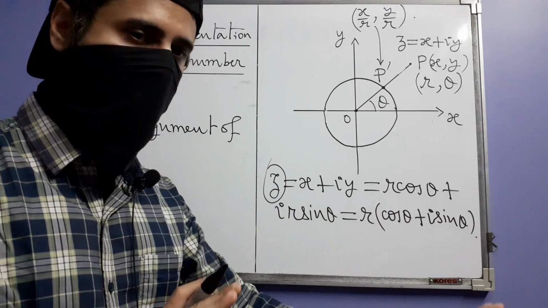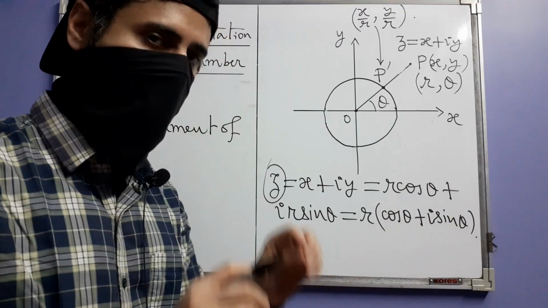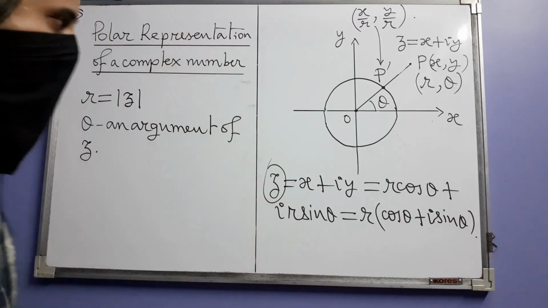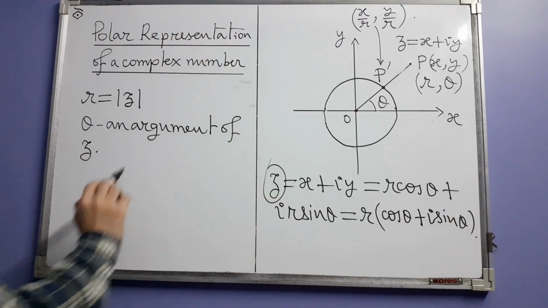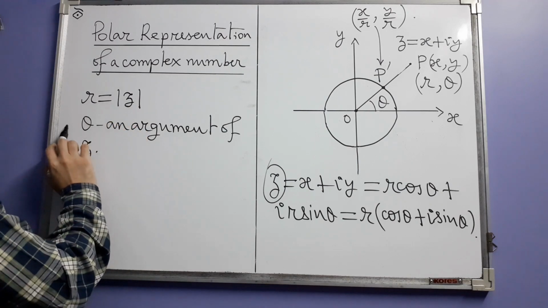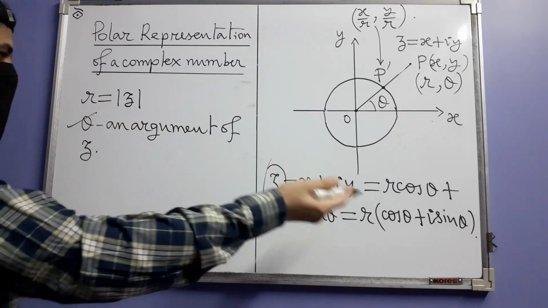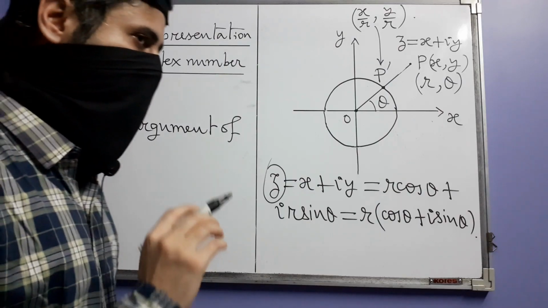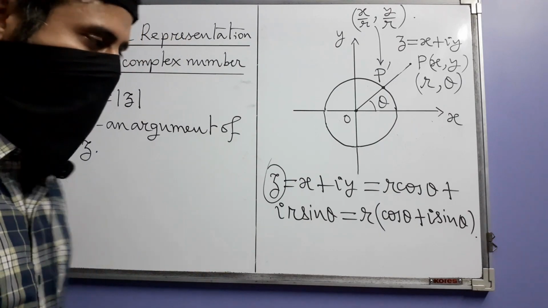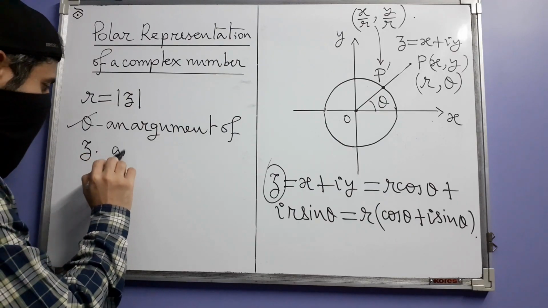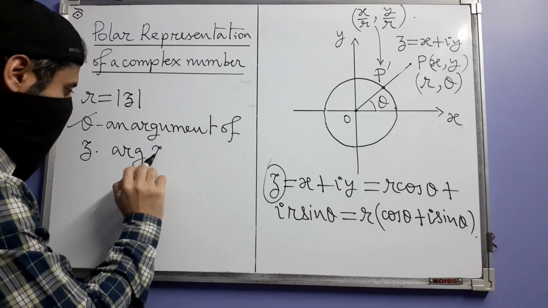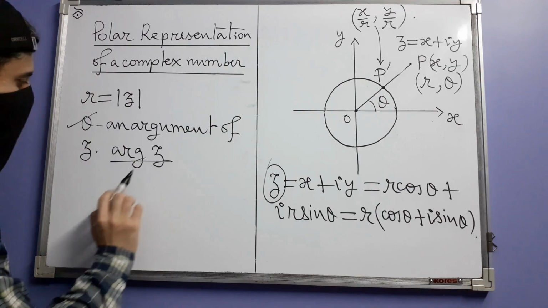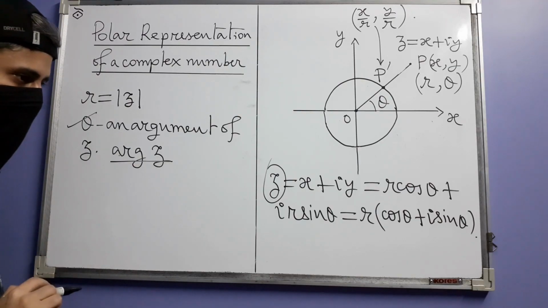The thetas may be different, but ultimately the complex number will be just that same complex number. But anyway, for a single complex number, you actually have infinitely many values of theta. So all those thetas are called arguments of the complex number. And any such argument is denoted by this notation, arg z.